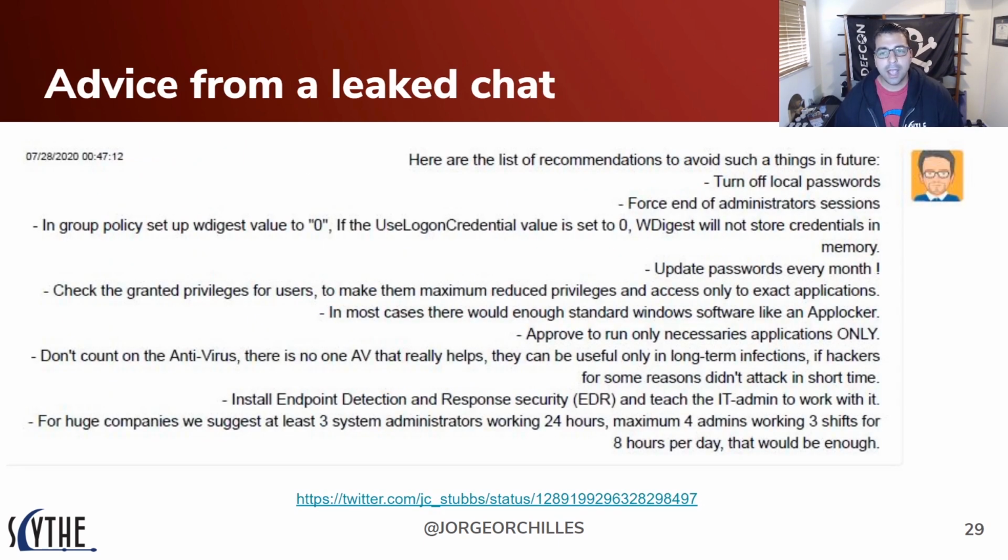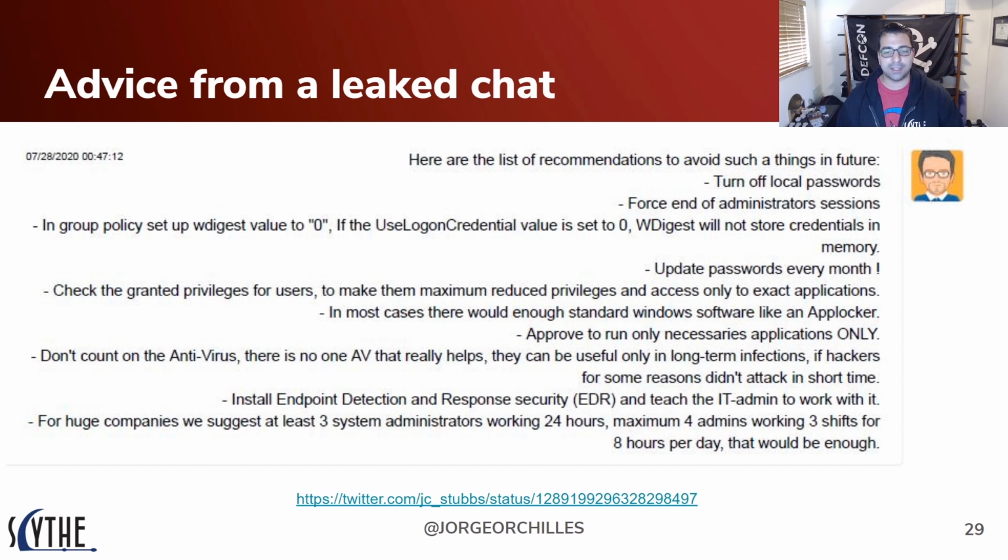I do want to point out another organization that was recently breached called CWT. They are a corporate travel organization, and their chats with the malicious actor were leaked. In this case, they actually paid $4 million to get access to their files. And the chat was leaked.